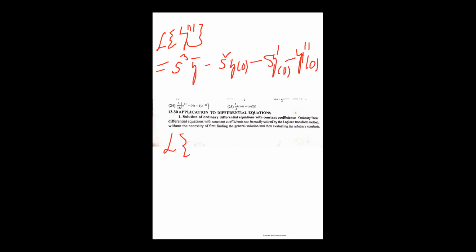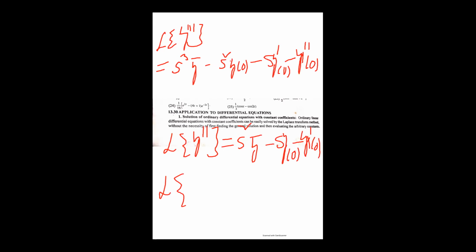And L of y double dash. For the second order derivative of y, we start with s square, s and constant. The first term sign is positive and the remaining two are negative. So the first value is y bar, the second one is y of 0 and the third one is y dash of 0.